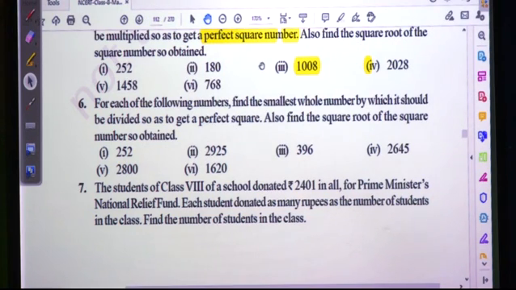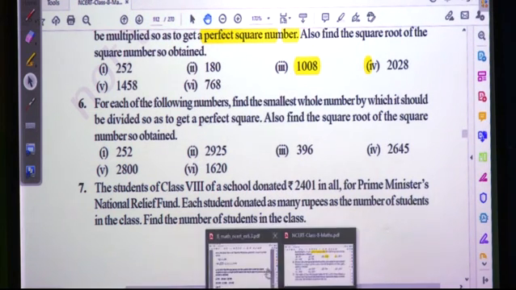The previous question was to find the smallest whole number by which it should be multiplied to get a perfect square. Now, here they are asking by which it should be divided to get a perfect square. Also, find the square root of the square number so obtained. So, let us switch to the solution.